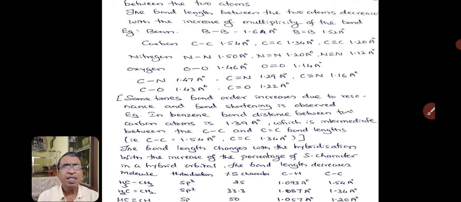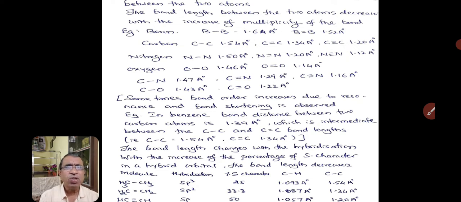Similarly, the C single bond C bond length is 1.54 angstrom, C double bond C is 1.34 angstrom, and C triple bond C is 1.20 angstrom. This shows that bond length decreases with an increase in the bond order. Sometimes bond order increases due to resonance and bond shortening is observed.